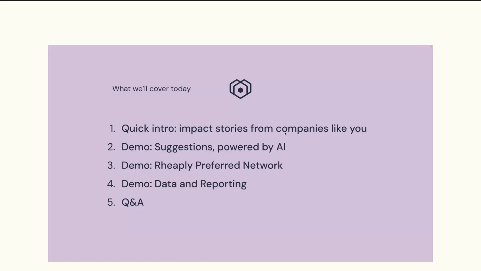So again, we're just going to talk a bit about impact stories from customers like yourselves, how they're using Rheaply today. And then we're going to really spend a good majority of the time in our demo of our product and our solution. So we're going to talk a bit about some of our fun features that we have using AI called suggestions. And we're going to talk about what we deem as the Rheaply preferred network.